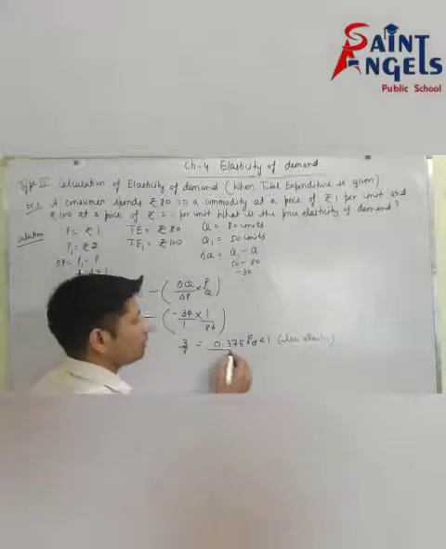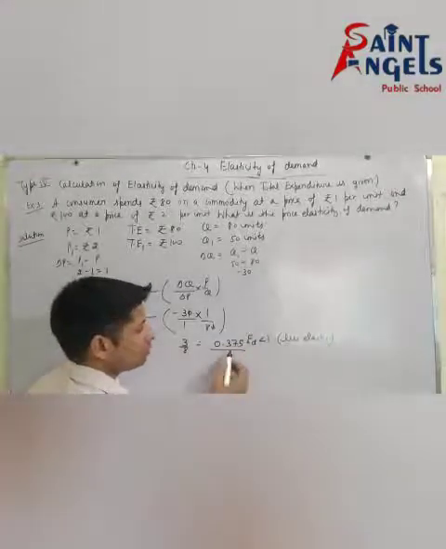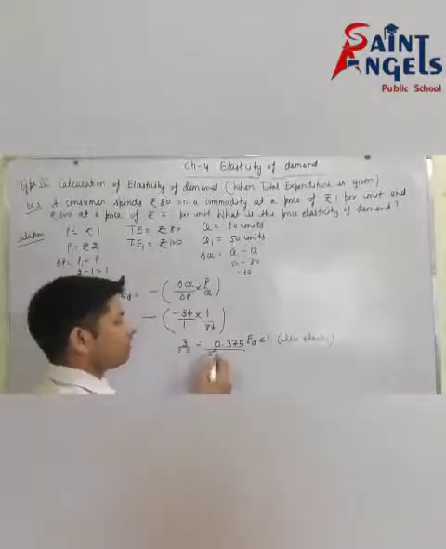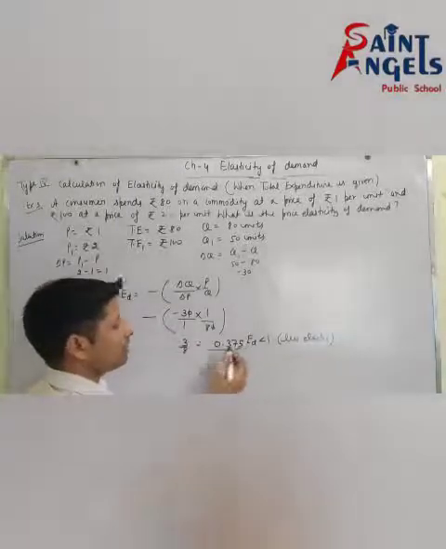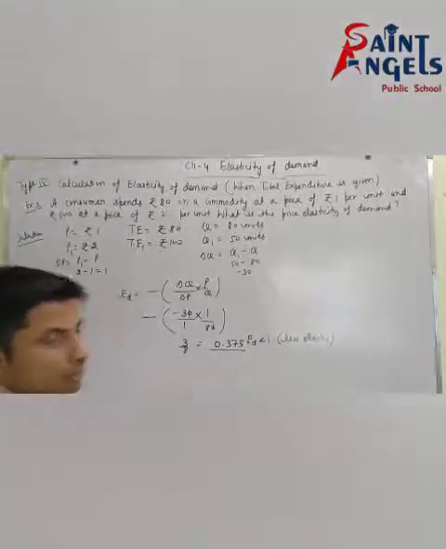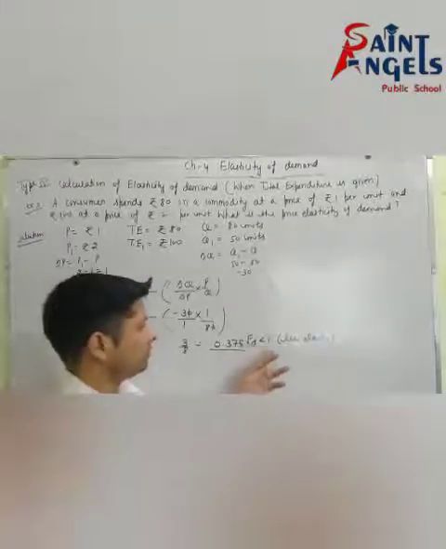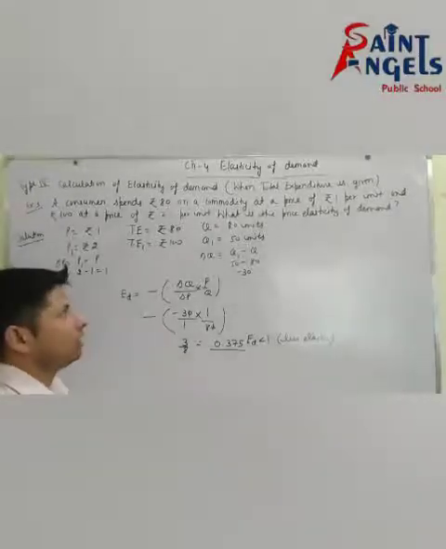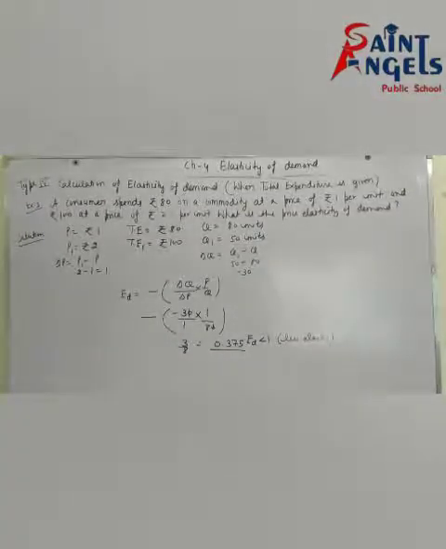So I hope all of you have understood. It's up to you, but the value will be less than 1, so less elastic. Please pause the video and note this down.